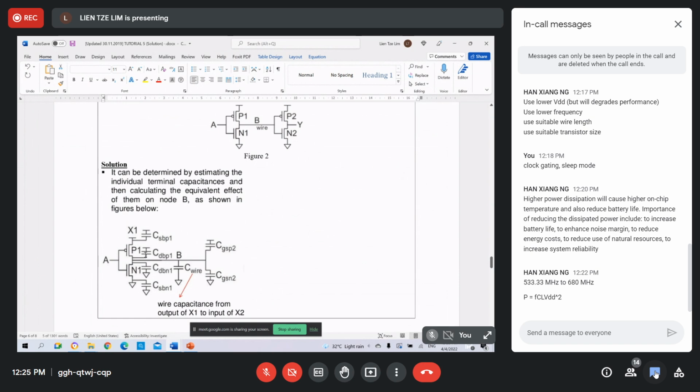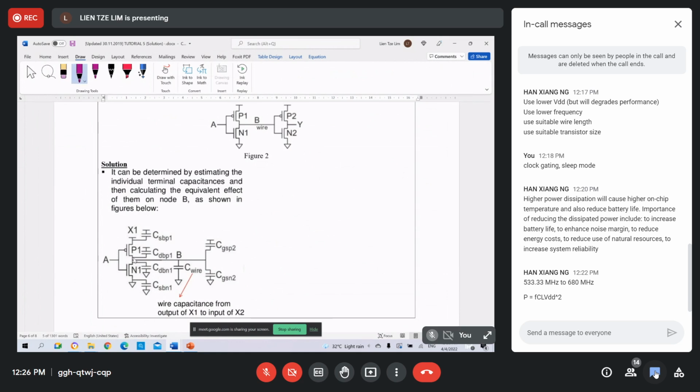Node B is connected to the drain terminal. At the drain terminals, there are junction capacitances for PMOS and NMOS. And you also see there is a wire capacitance and the gate capacitance of the second inverter.